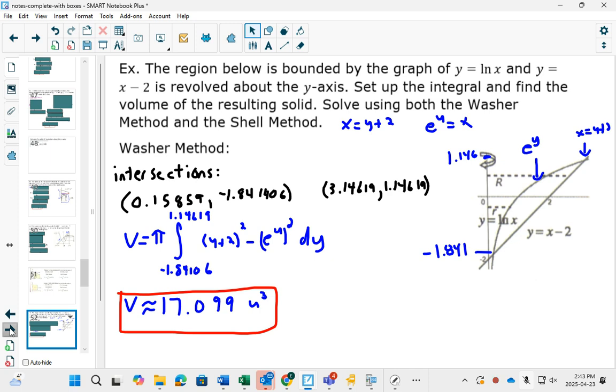And we're assuming this is a calculator question. If it's a calculator question, don't actually integrate. Don't waste your time on the exam. If you have your calculator, just type that in and push enter. Nobody on the exam is going to be impressed that you can integrate e to the 2y and get e to the 2y divided by 2.